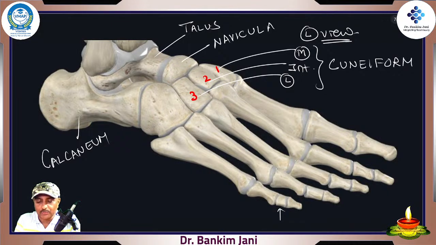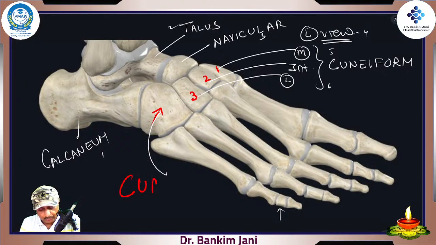So 1, 2, 3, 4, 5, 6, right? And the seventh one, this big gentleman sitting over here, this bone is cuboid, right? C-U-B-O-I-D. This makes our list complete of 7 tarsals, right?